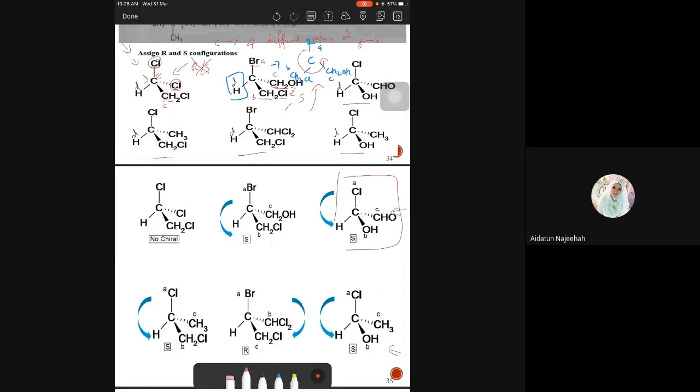You cannot view it directly from here, which is how you are looking at the screen right now. You have to try and visualize your eyes to be at this side.